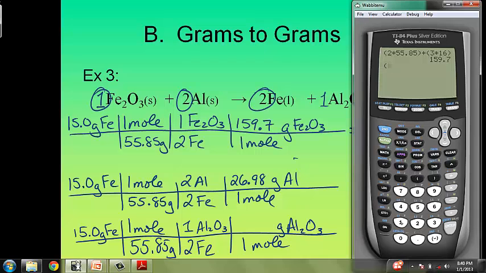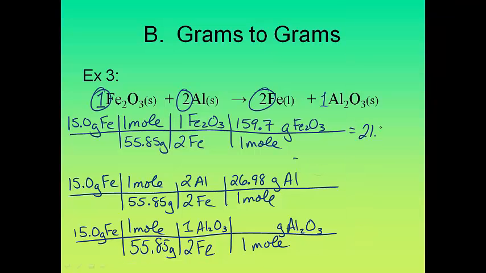So again, open your parentheses, type in your given, 15 times 1 times 1 times, oops, here we go, and that 159.7 divided by, open your parentheses again, 55.85 times 2 on the bottom, and I get 21.4. And of course I always circle my answers so I know where they are.